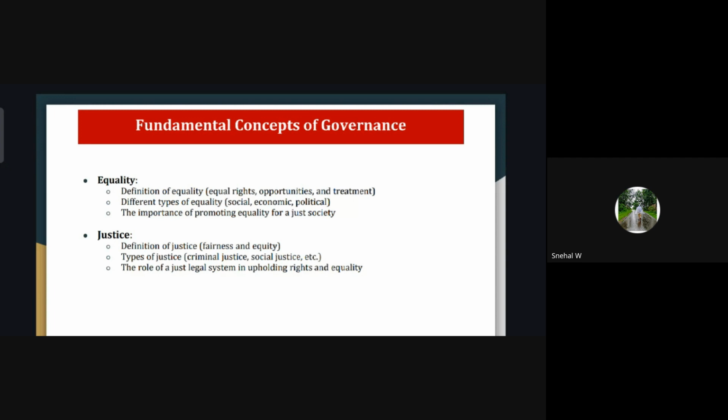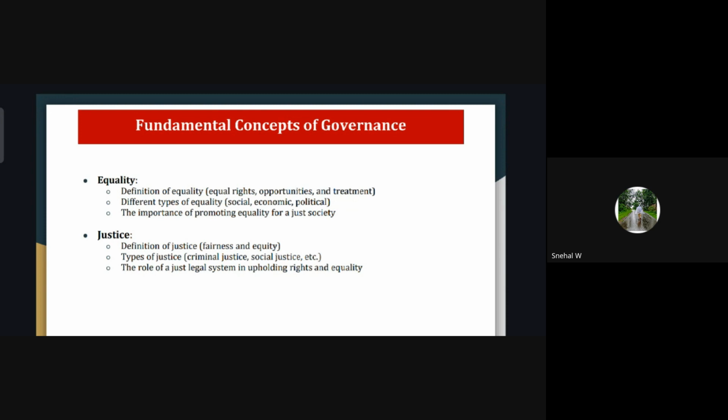Then the last point is about justice. Justice is what? It's all about fairness, the right thing to be done. Whatever is right shall be done, and when you do that, you are ensuring justice.